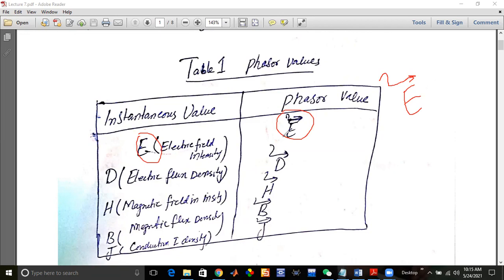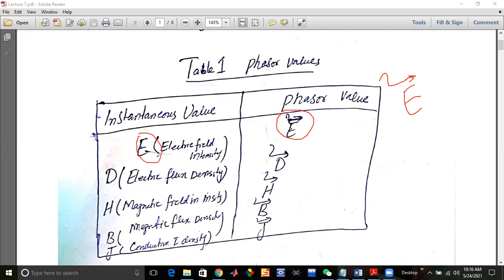So please study these quantities so that you are able to define what is electric field intensity, what is electric flux density, what is magnetic field intensity, what is magnetic flux density, and conduction current density. For definitions you can review your previous course.